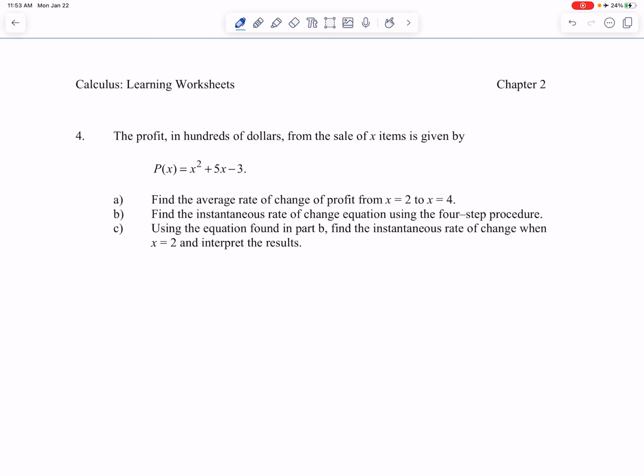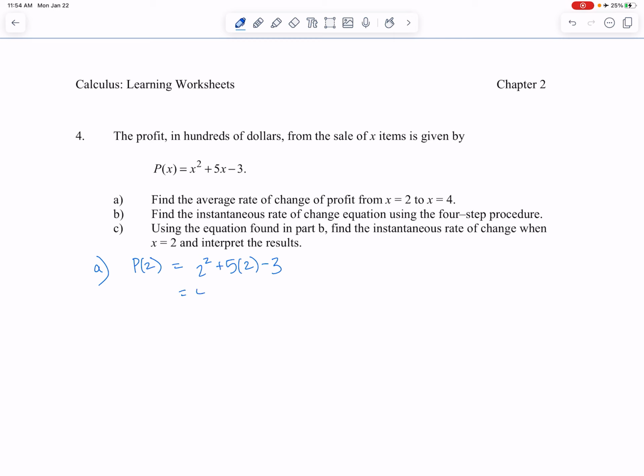Okay, let's start. Find the average rate of change of profit from x = 2 to x = 4. So first, we need to find what are our Y values, or in this case, what are the P(x) values at 2 and 4. So let's find P(2), so this is part A we're working on. It's going to be 2 squared plus 5 times 2 minus 3.